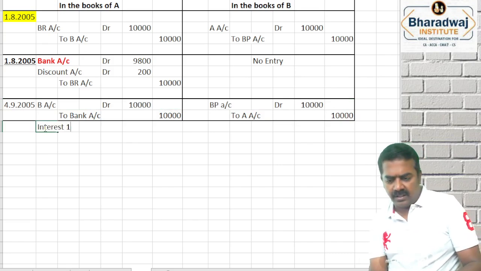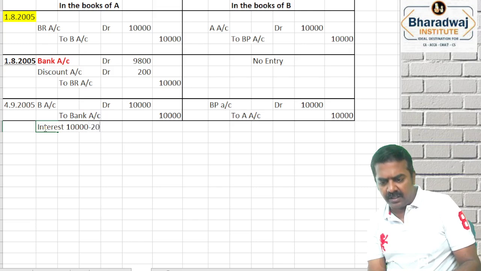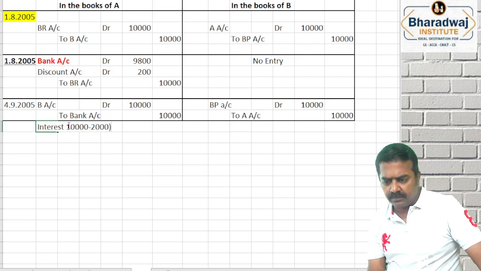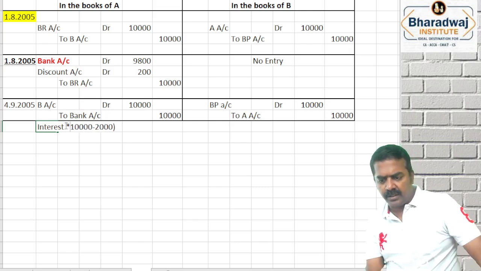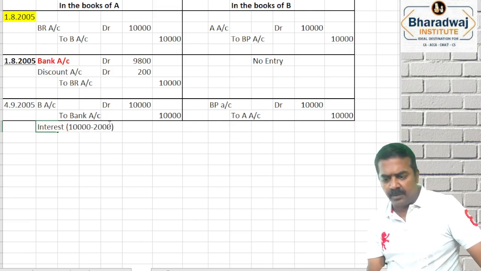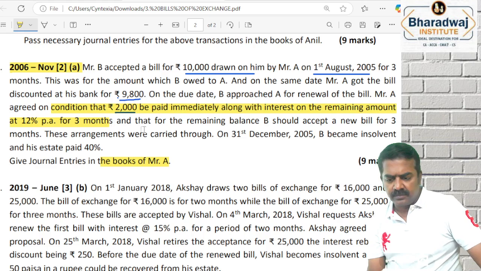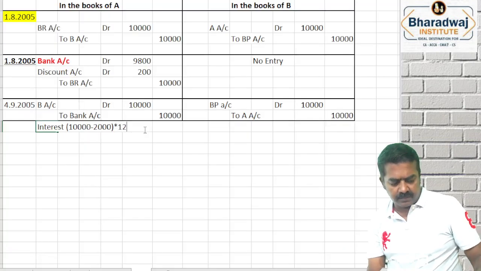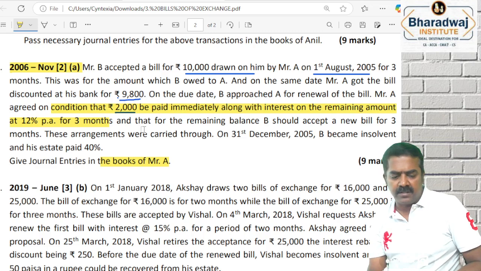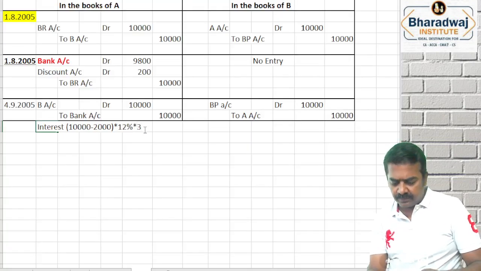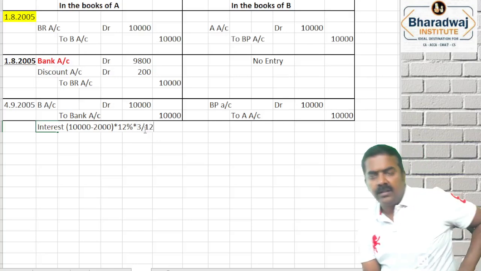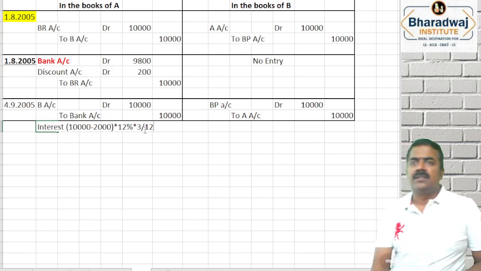Of that 10,000, 2,000 is collected immediately. What is the balance on which interest is charged? 8,000 at what percentage interest? 12% interest. For how many months? The extended period. How much extension was asked? 3/12. Why 10,000 minus 2,000?